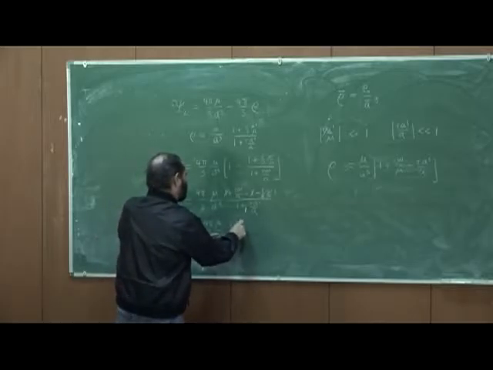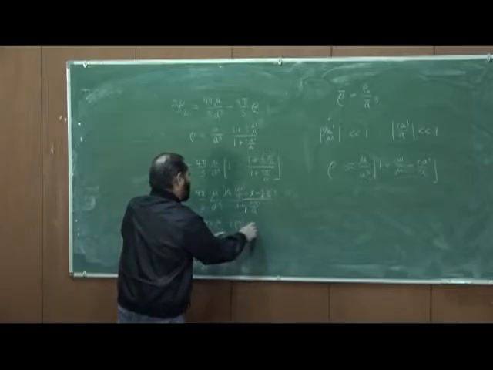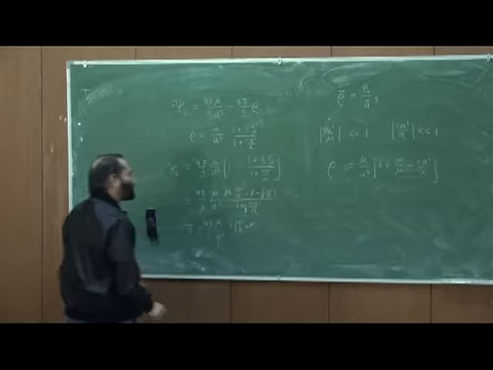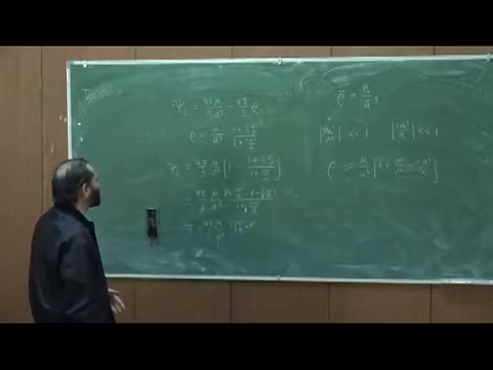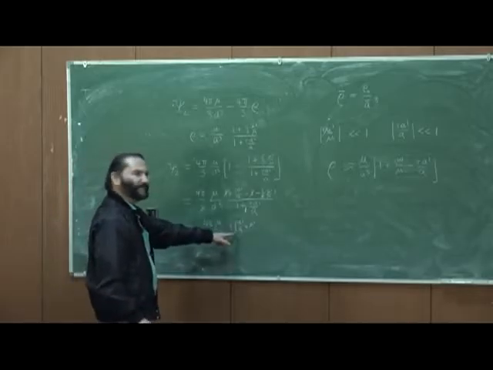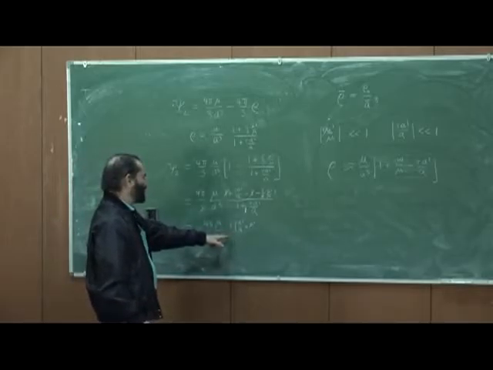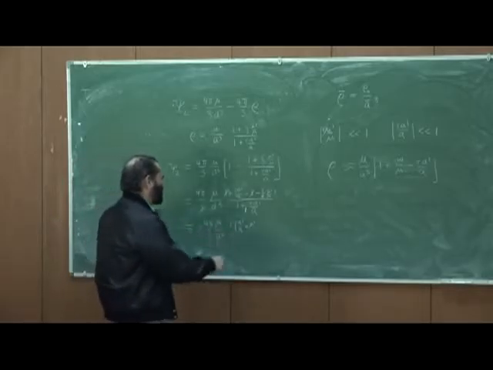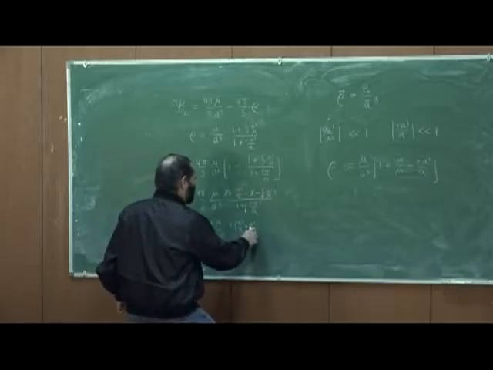Plus 4 pi by 3. Sorry? Plus 4 pi by 3. Where? In front, in the last expression? This one? No, just negative. Ah, yes, there is a 3 here. Right?